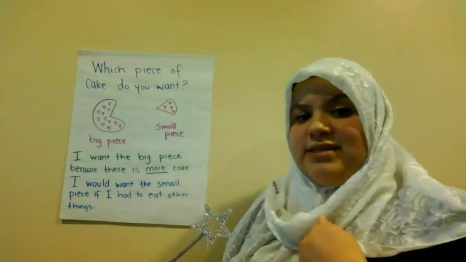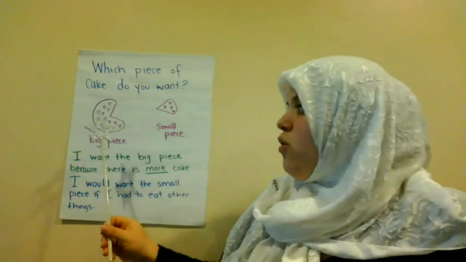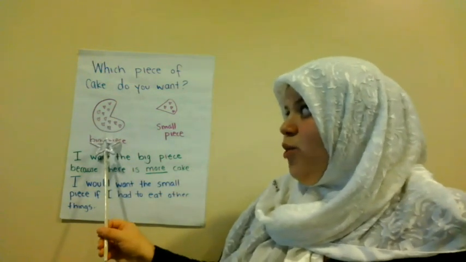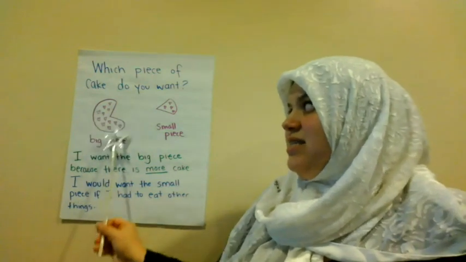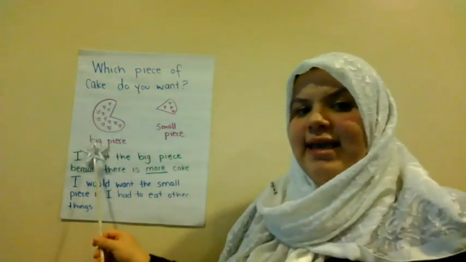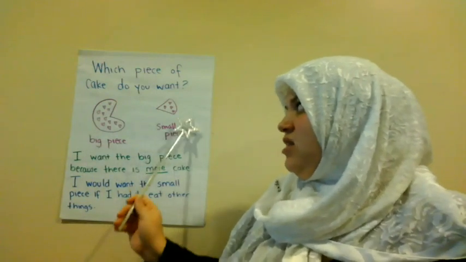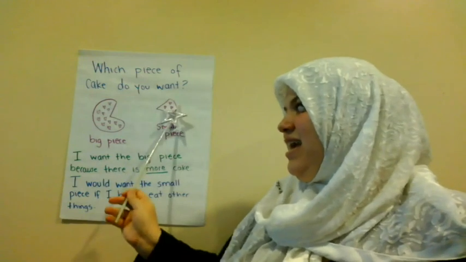If you are like Miss Aydin and you really, really like cake, you're going to choose this piece because this is the bigger piece. There's more cake here. And this is the smaller piece. There's less cake here.